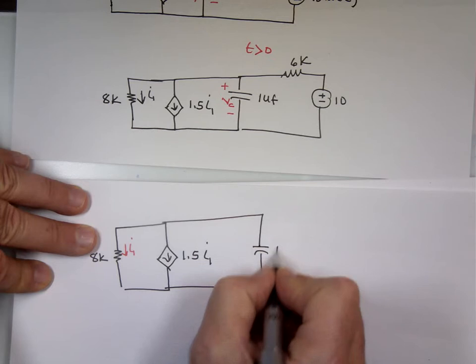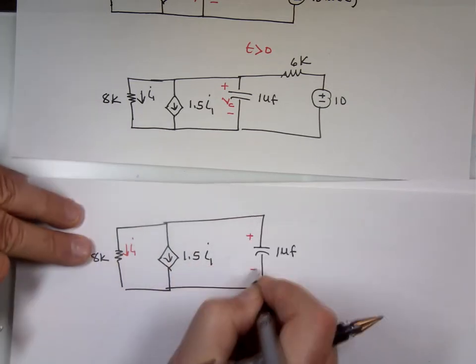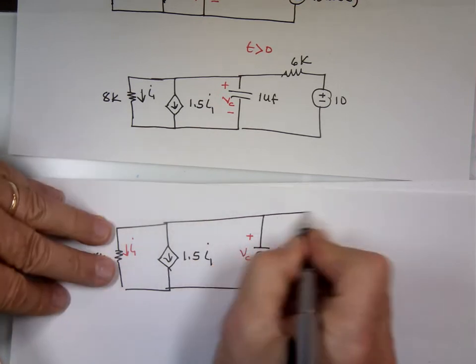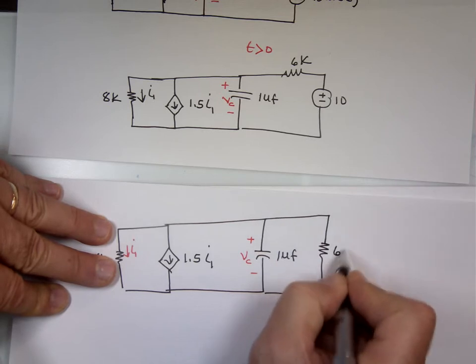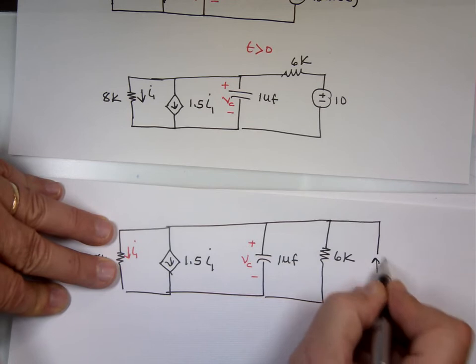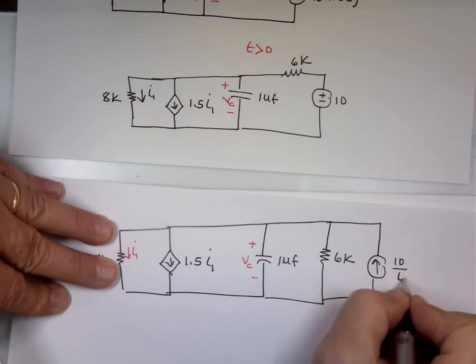This is 1 microfarad, plus minus VC. This will be a 6K down here. This will be a current source pointing upward, and what's the value of that current source? 10/6.